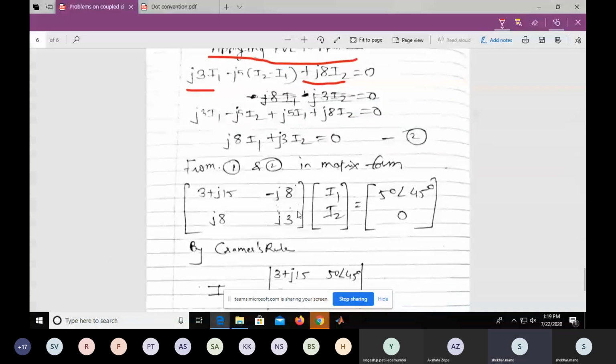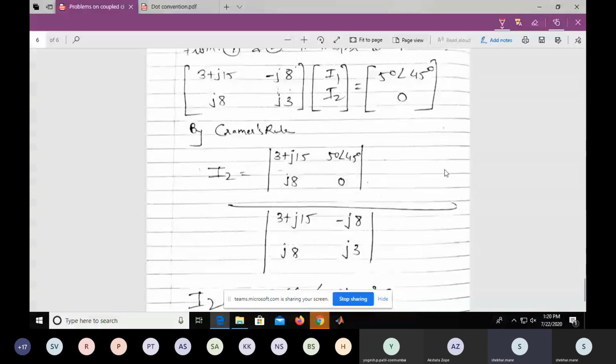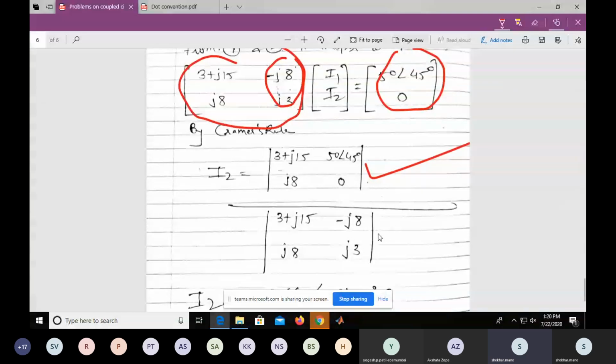And again you have to write equations 1 and 2 in matrix form like this. To find I2, you have to remove this part and write this part in the numerator, and write this as it is in the denominator.